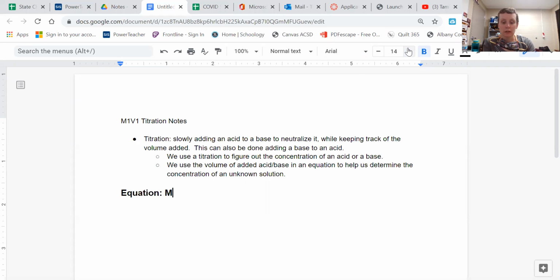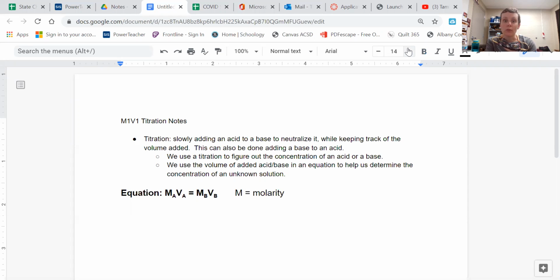Okay, here's the equation. M sub A V sub A equals M sub B V sub B. The capital M equals molarity.